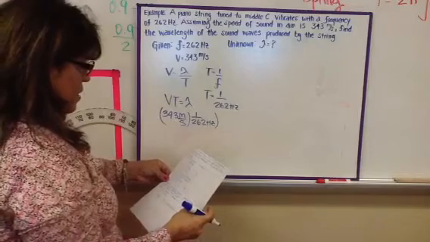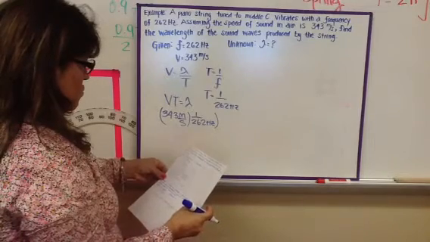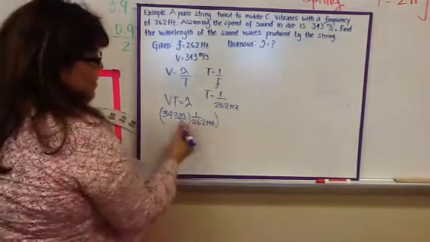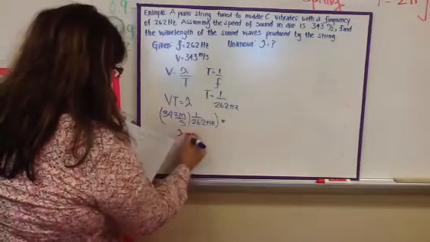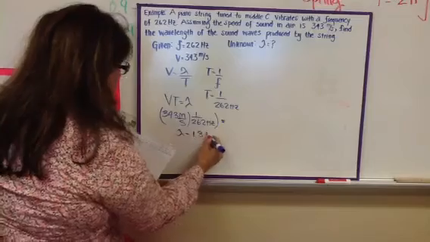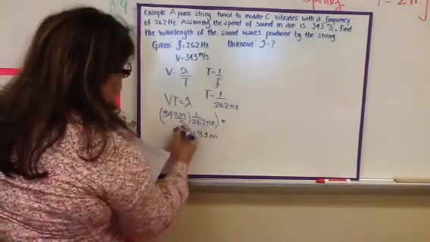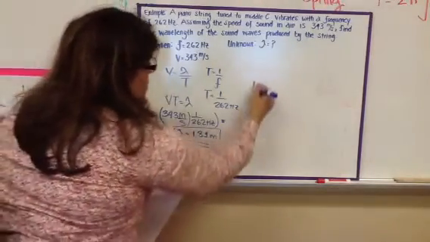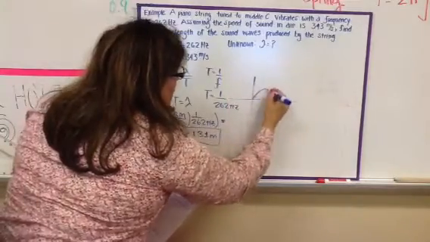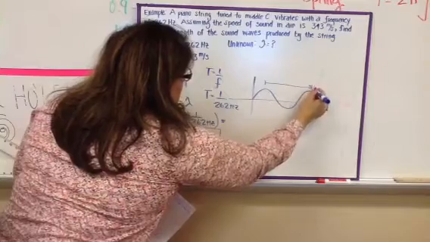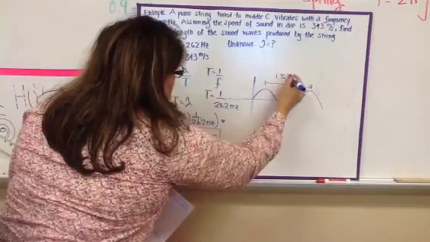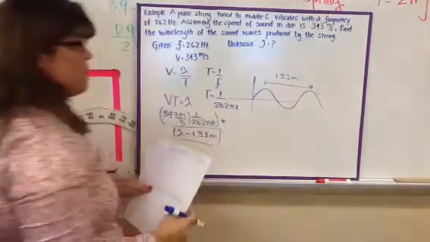Okay, and so our lambda is going to be equal to 1.31 meters. So this is going to be our wavelength. If we were to draw this, the distance from here to here is going to be 1.31 meters.